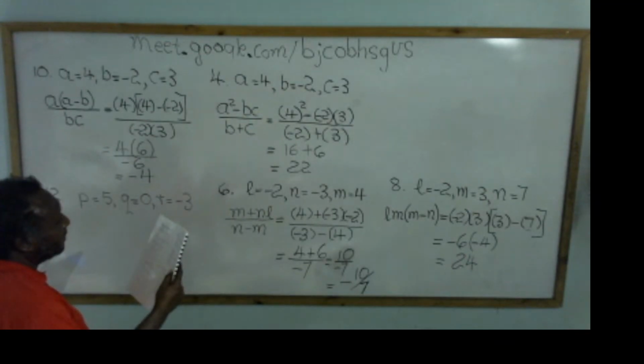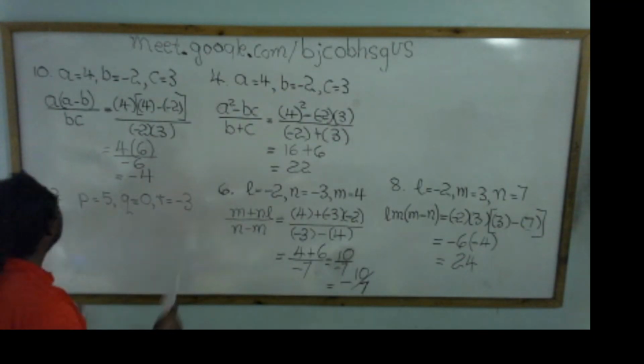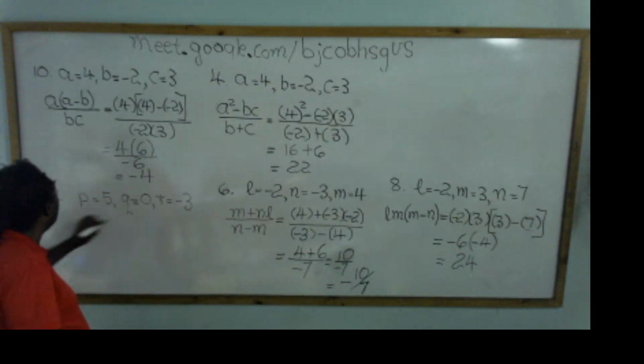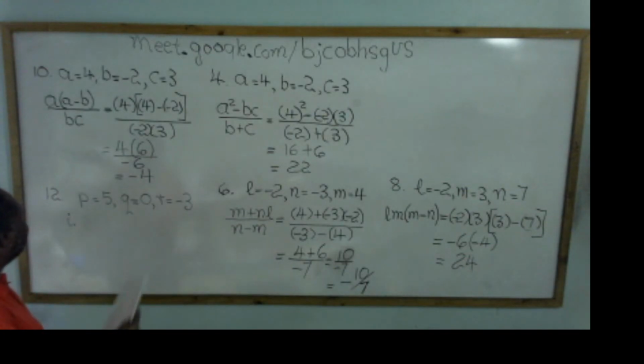So the first one is 4p minus qr. Roman 1. For Roman 1 we have 4p minus qr.